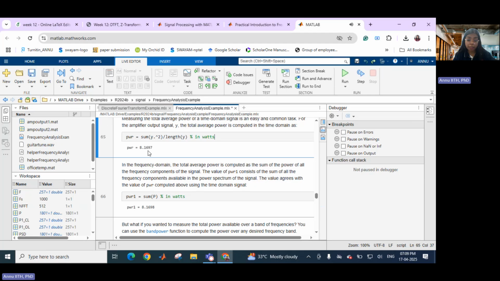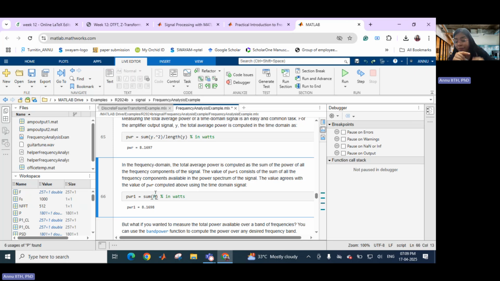Okay, 8.1697. And in the frequency domain, the total average power is computed as the sum of the power of all frequency components of the signal. The value of PWR1 consists of the sum of the frequency components available in the power spectrum of the signal. So the values agree with the value PWR.